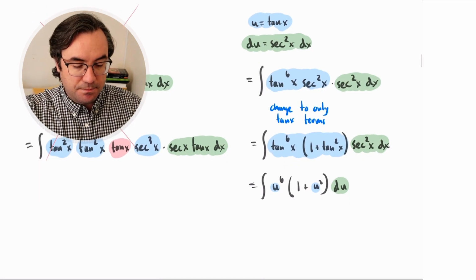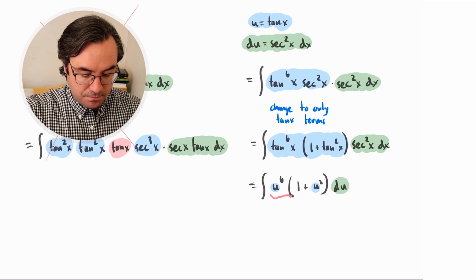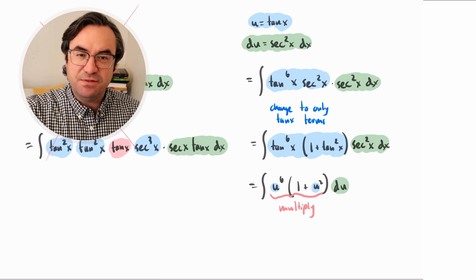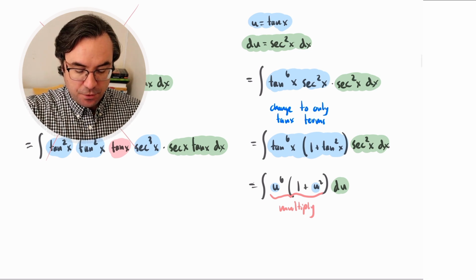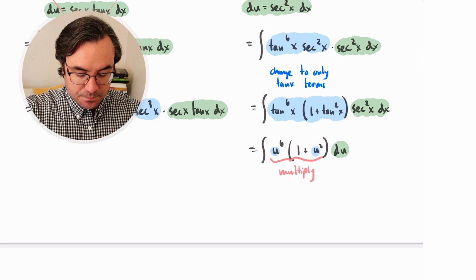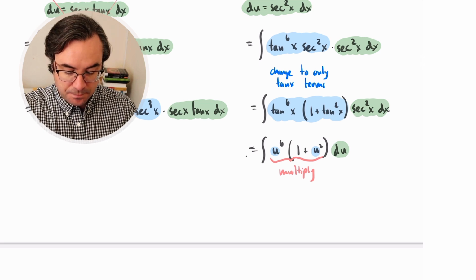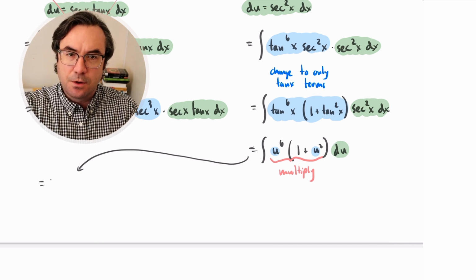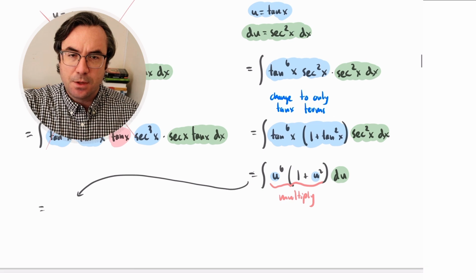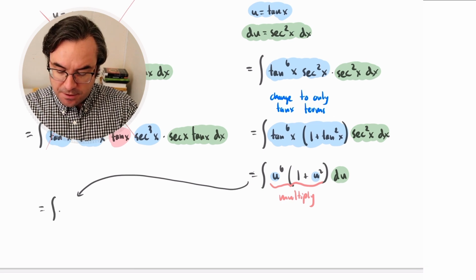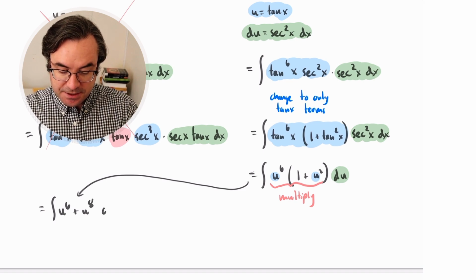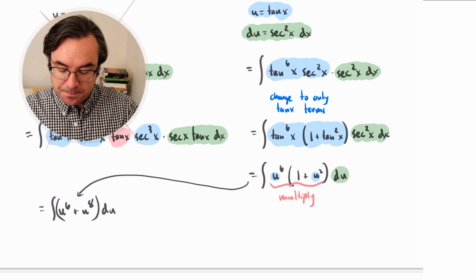And we should multiply all this out, kind of like we've seen. So if we do the multiplication there, what are we going to get? Well, we'll get the integral of u to the power 6 plus u to the power 8 du.